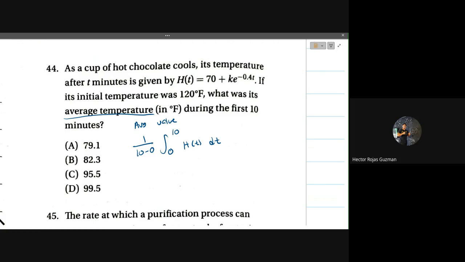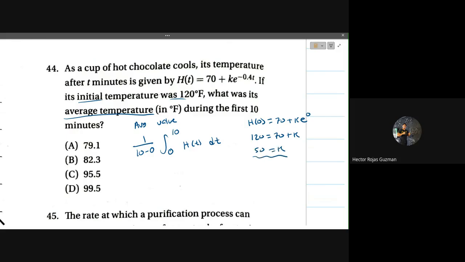We don't have k. So what we should do is figure out k. So the initial temperature was 120, which means that h of 0 is going to be equal to 120. So k is 50.